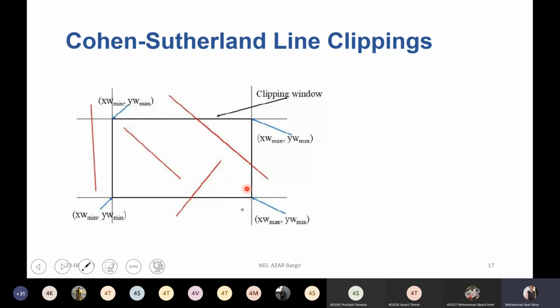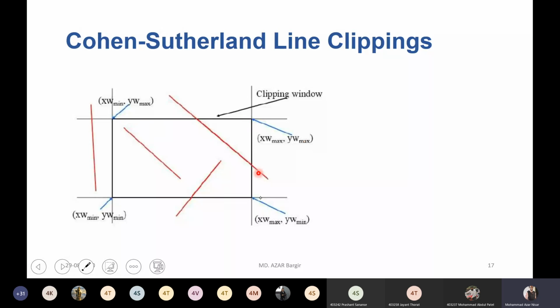Okay, this is your window. This point is called XW minimum and YW minimum, and this corner point is called XW maximum and YW minimum. Similarly, XW minimum and YW maximum, and XW maximum and YW maximum.